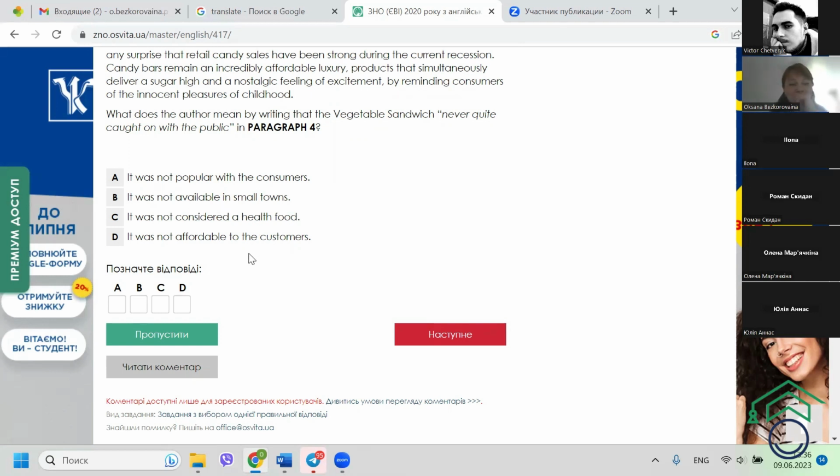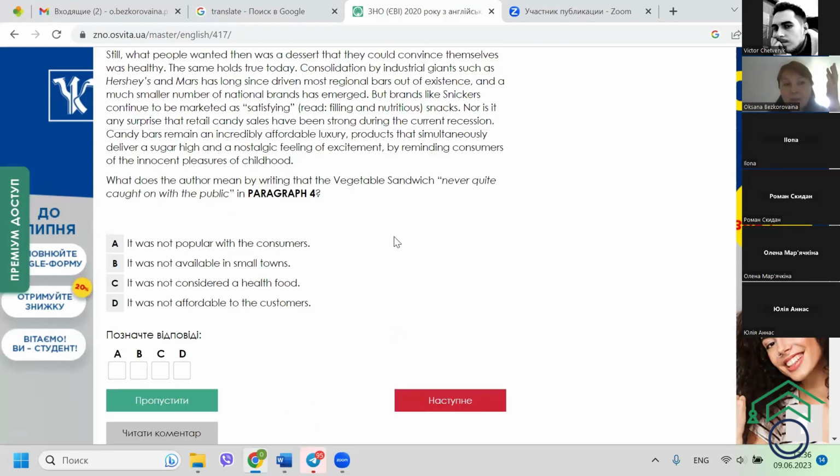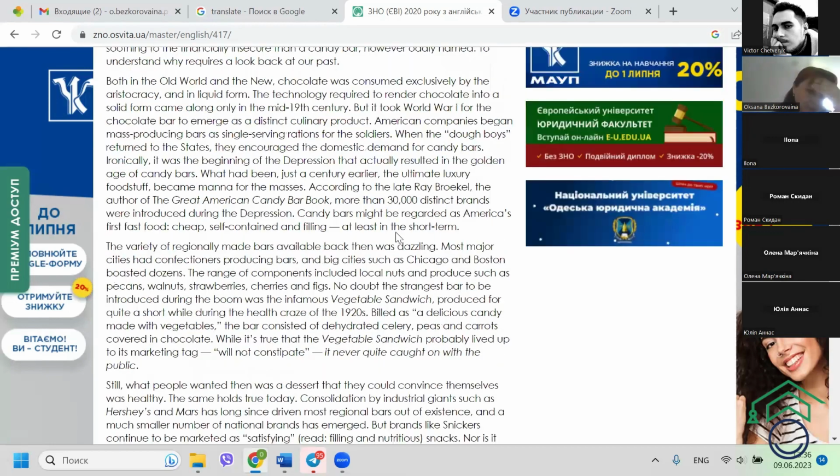It was considered a health food. Можливо, не знаю. It was not affordable to the customers. Ну, оце, скоріш за все, мені здається. Так, тобто споживачі не могли його купити, да, тому що він був дорогий. Да? Шукаємо key sentence.